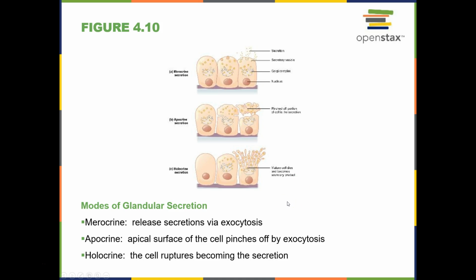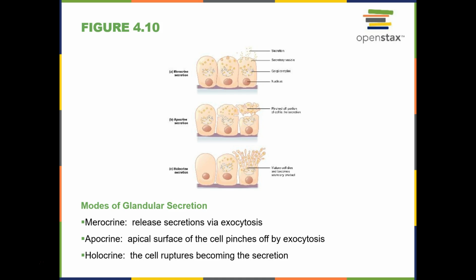The type of secretions that are produced depend on how the cell releases materials. We have merocrine release, apocrine release, and holocrine release. Most of our sweat glands produce merocrine secretions.